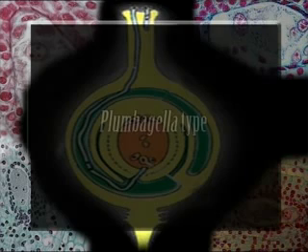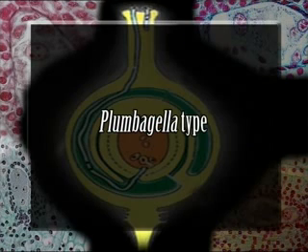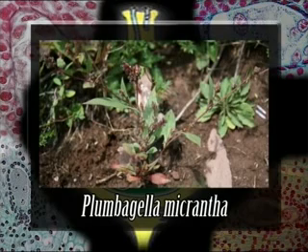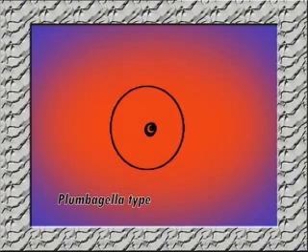Now, let us discuss Plumbagella type. This is a reduced Fritillaria type of embryo sac and is reported only in Plumbagella micrantha. The 4 megaspore nuclei take up 1 plus 3 arrangement. A large vacuole separates the 3 chalazal nuclei from the micropylar.